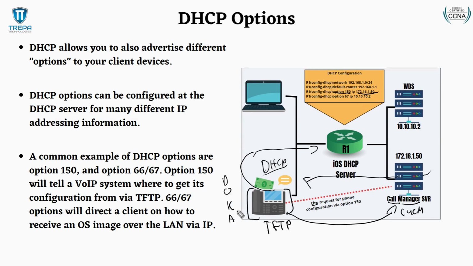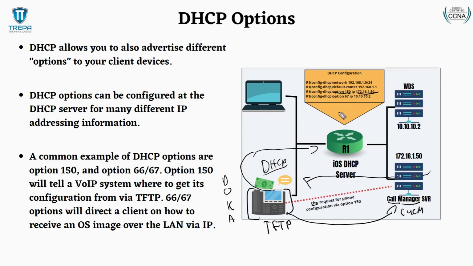It's going to say, hey, I also need an option 150 IP address. So let's say in this router, we didn't have that option 150. This phone would never learn about its call manager's IP address. It can never pull that configuration via TFTP. So it's both things. This phone automatically knows, there's nothing you got to do. Out of the box, it's going to know it needs an option 150 address.